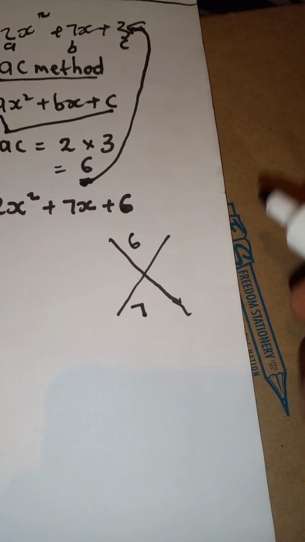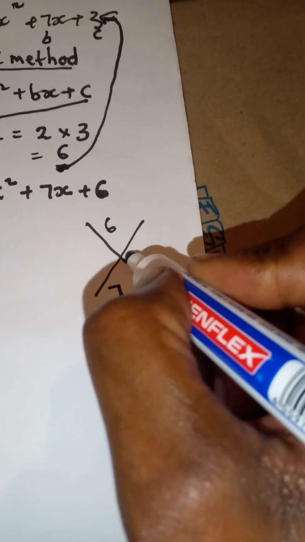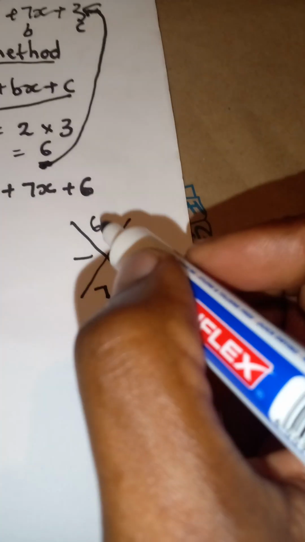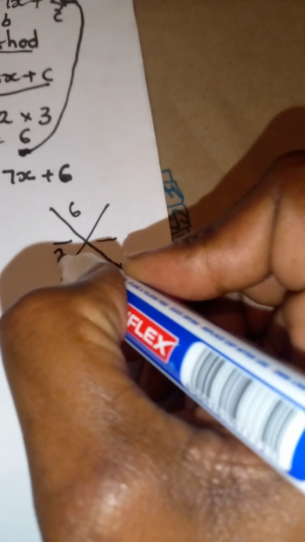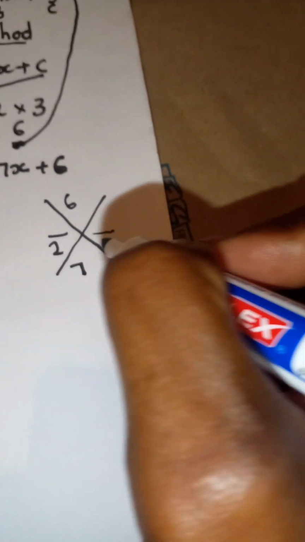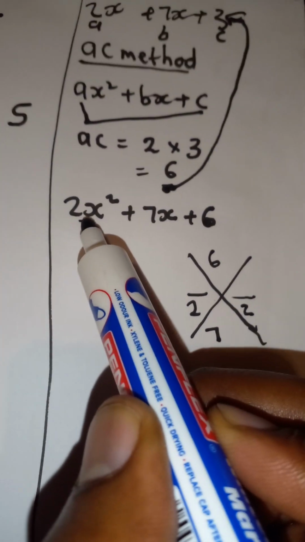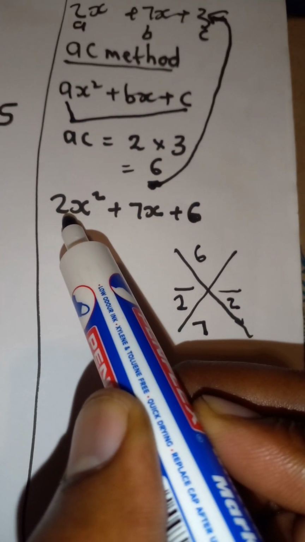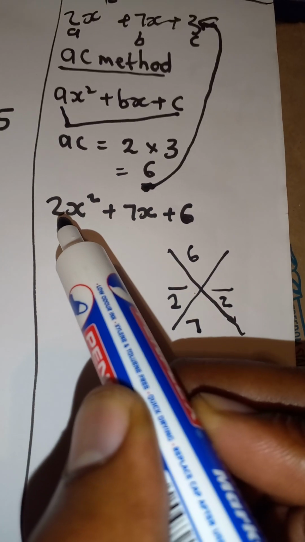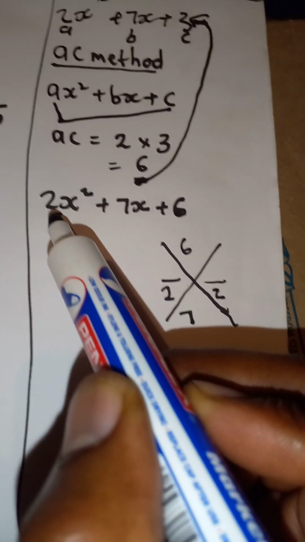Then here you're going to put a fraction. What are we going to have in our fraction? Our denominator, guys, is going to be the 2. Where is this 2 coming from? It is coming from the coefficient of x squared.